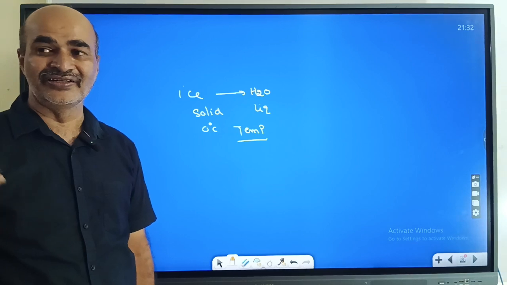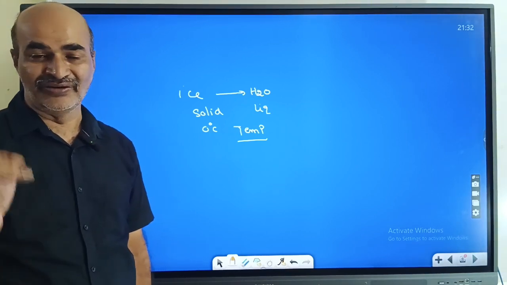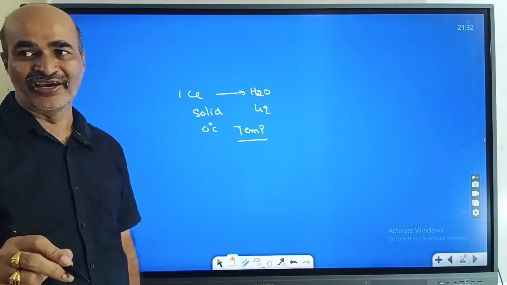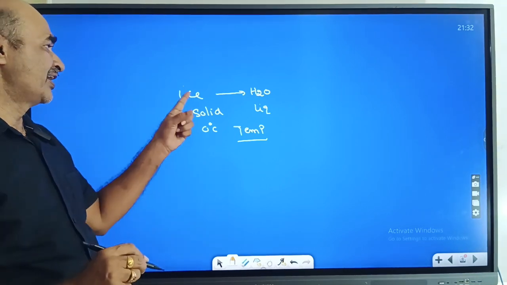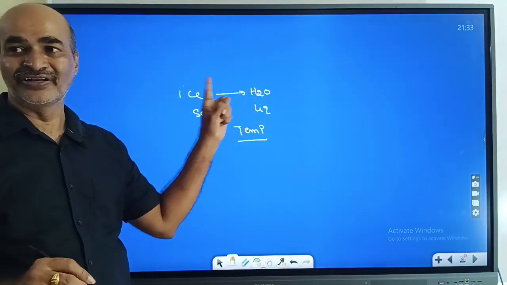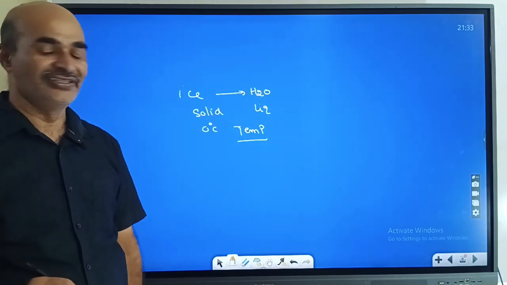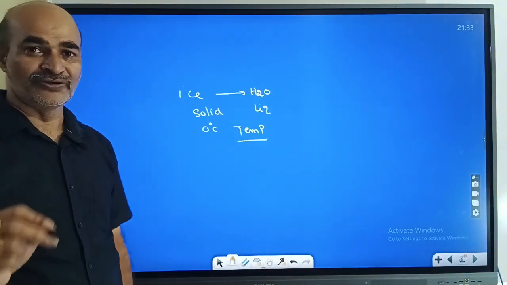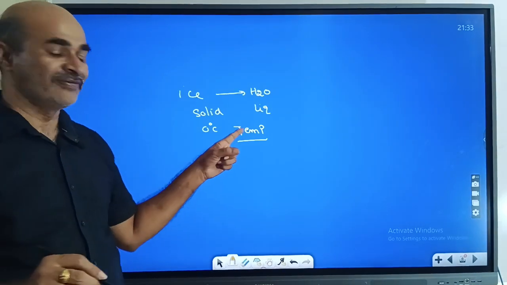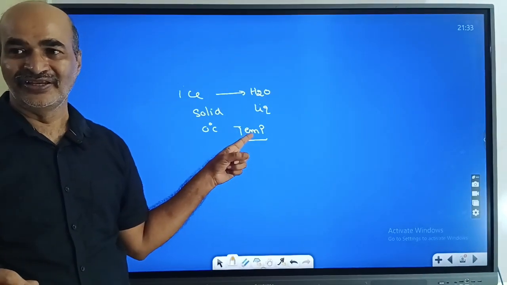So what is the latent heat of fusion? The amount of heat energy required to convert 1 gram of solid ice into liquid is called latent heat of fusion. In this process the temperature remains constant.